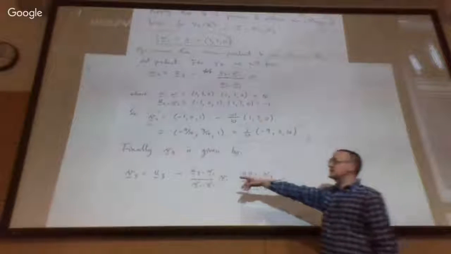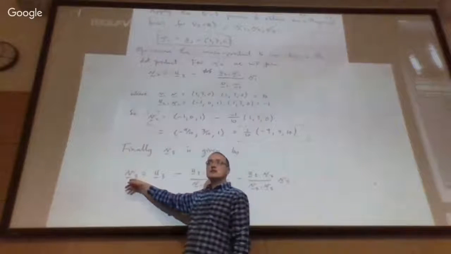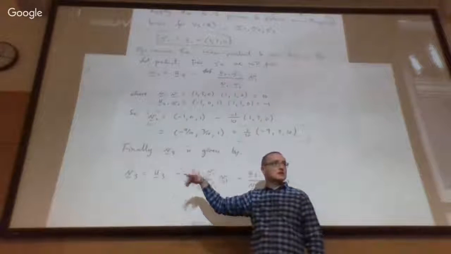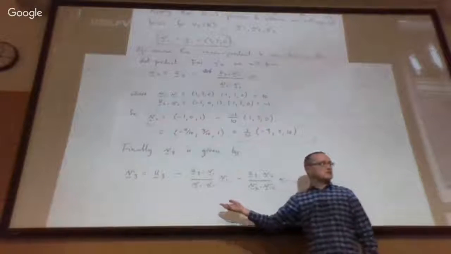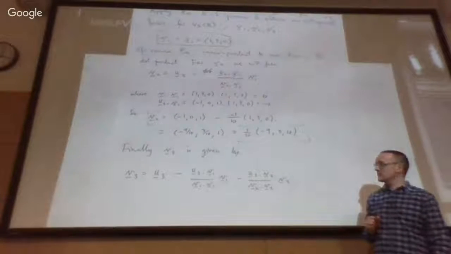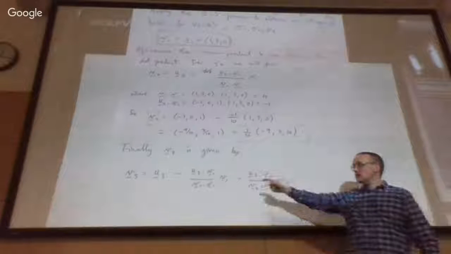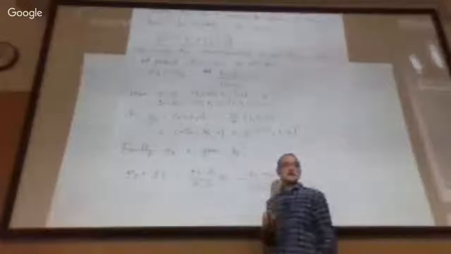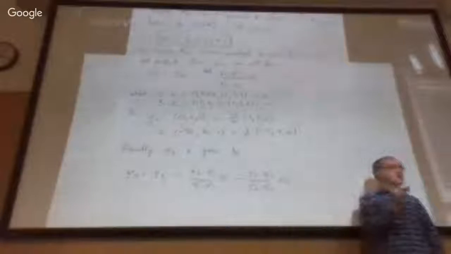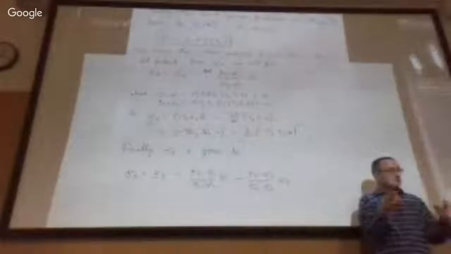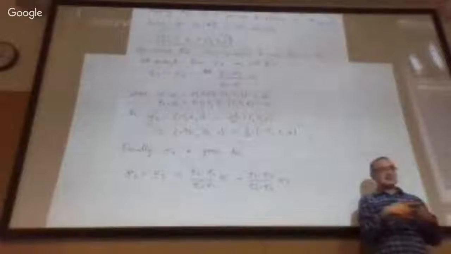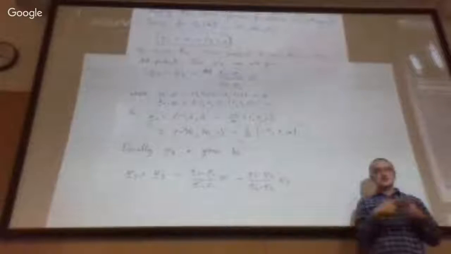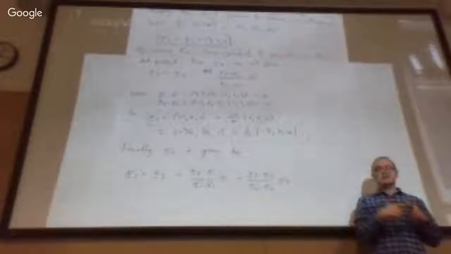So V3 is supposed to be orthogonal to V2 and V1. How do I test if this new V3 is going to be orthogonal to V1? I have to take the dot product between the two vectors. The definition of orthogonality for vectors in this context is that the two vectors have a dot product of 0.